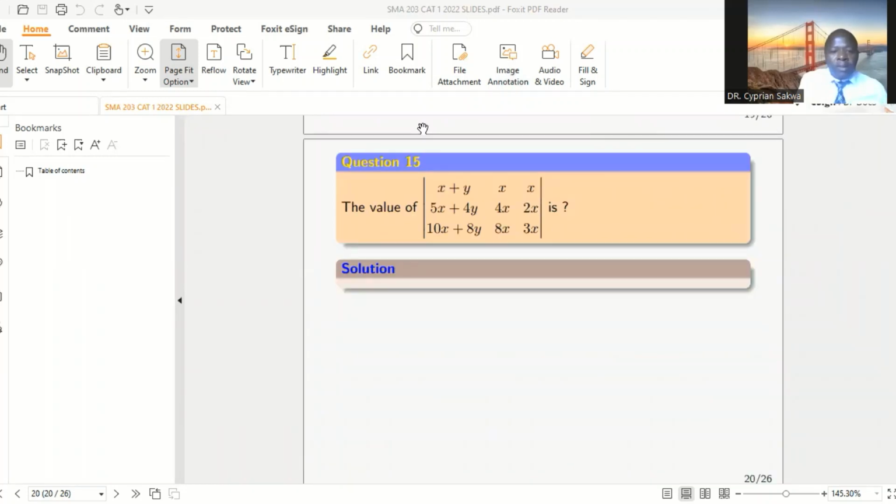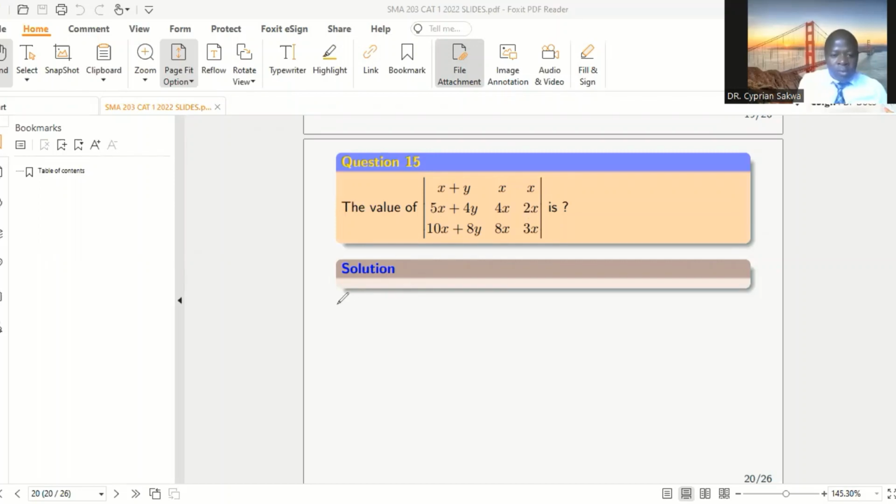Let's look at this question. Just using the properties of the determinants again. I'm looking at this, and I'm seeing there's some similarity between the second row and the third row. There's some similarity there, so I can create a 0. Because every time I'm doing this, I'm thinking of how to make my work easier by creating zeros either along a column or along a row.